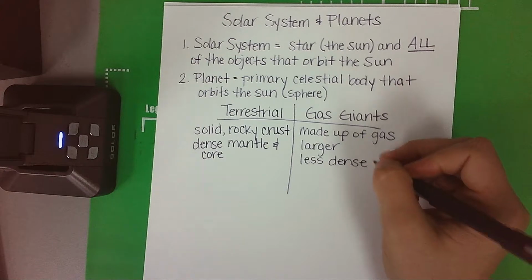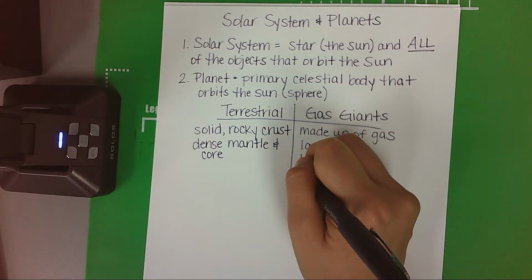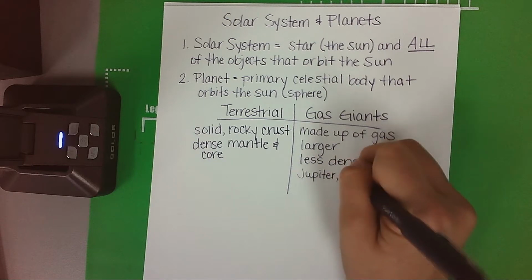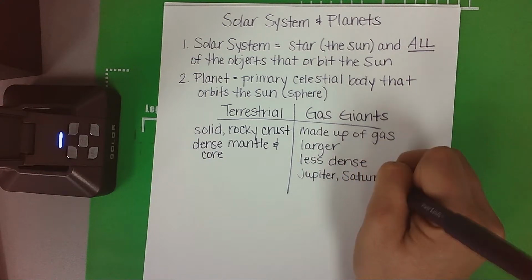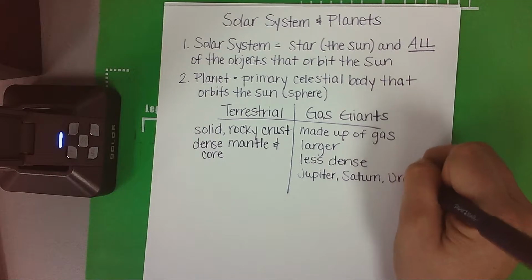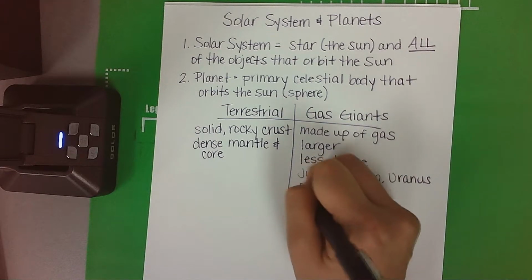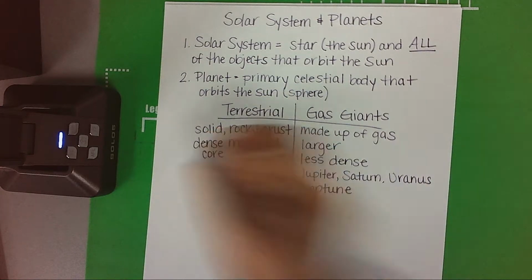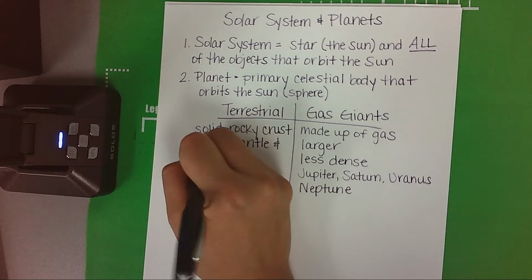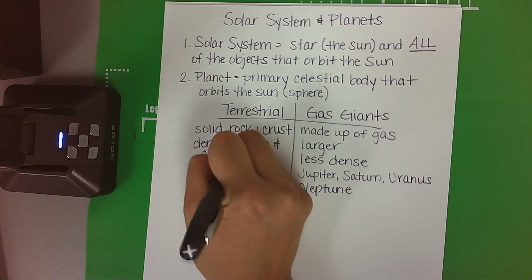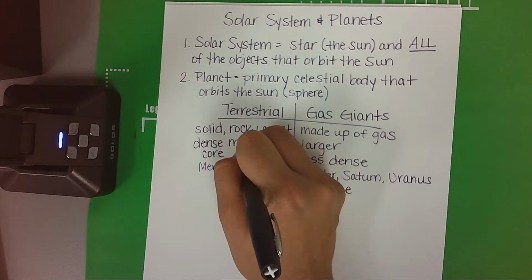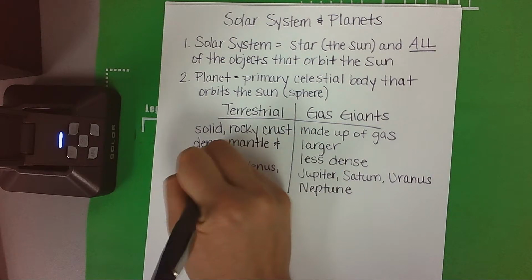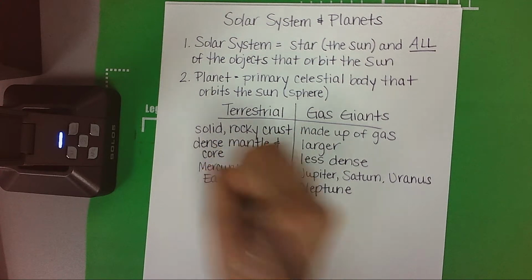Your gas giants would be Jupiter, Saturn, Uranus, and Neptune. Your terrestrial planets would be Mercury, Venus, Earth, and Mars.